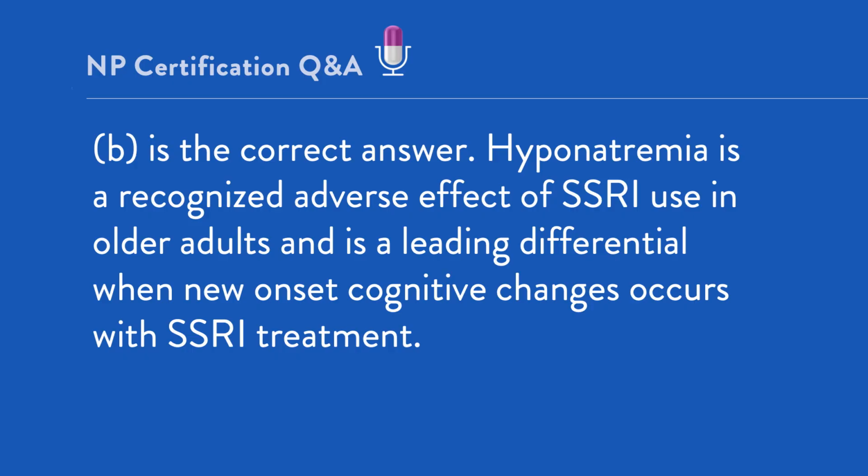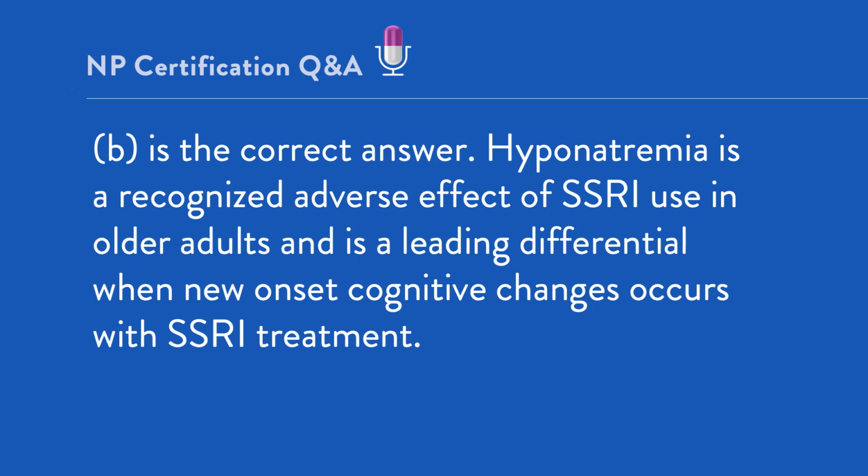And it's because you're looking for all the clues in the question. The question says that the patient was depressed, yes, and then he started taking an SSRI. So is it likely that the depression suddenly started causing confusion ever since he took the SSRI? Possible? Yes. Likely? No.